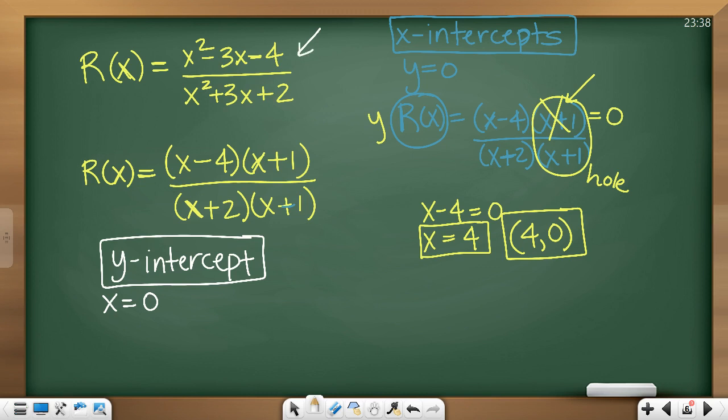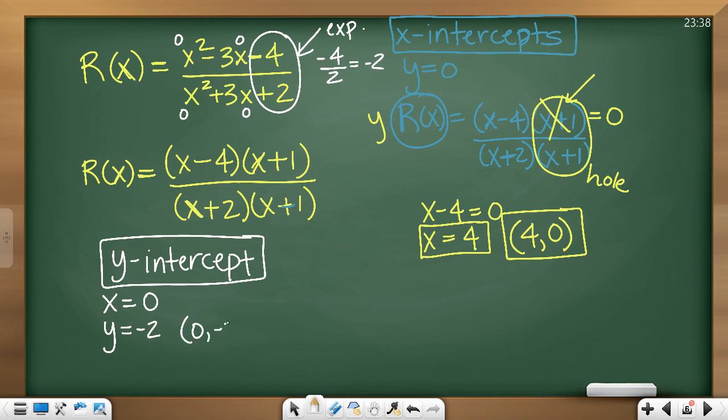If you have it in expanded form, the y-intercept is just the constant terms, because if I plug in 0 for all of the x terms, they go away, and I'm left with -4 over +2, which is -2. So y equals -2 is my y-intercept, which is the point 0, -2.